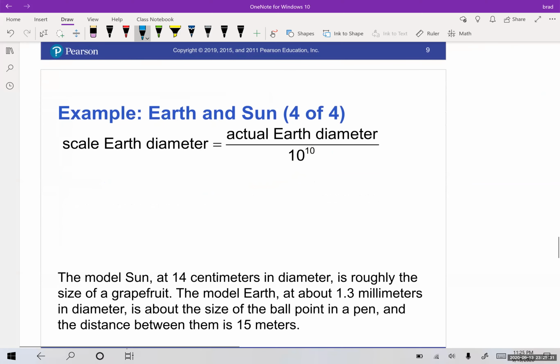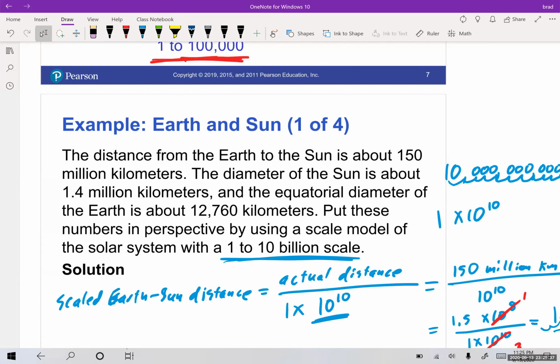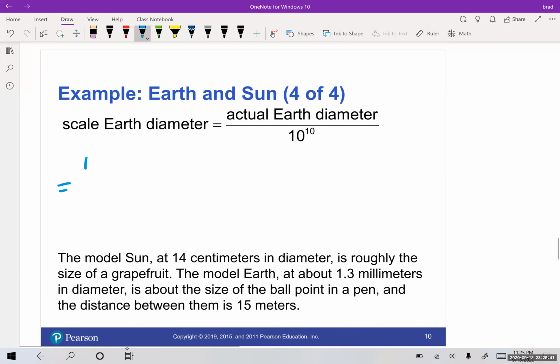Now let's scale the Earth diameter. Let's do the same problem. Up here in the problem, it says the Earth's diameter is about 12,760 kilometers, divided by 10 to the 10th.